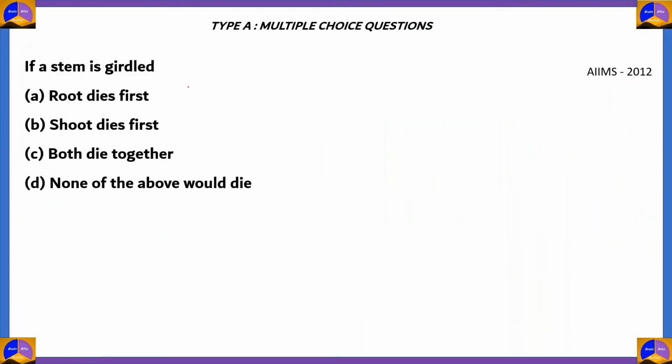Let's look at this question. If a stem is girdled, root dies first, or shoot dies first, or both die together, or none of the above would die. So it's a good idea to know what girdled means. Girdled means removing of bark of a tree.